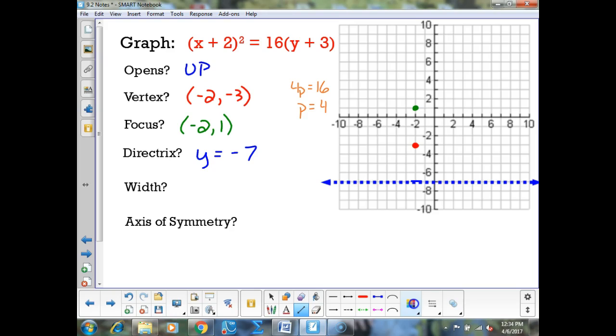What is the width through my focus? My width is 16 through the focus.